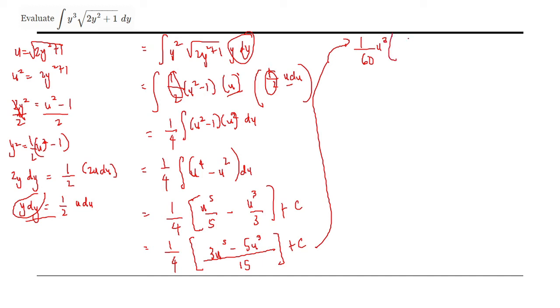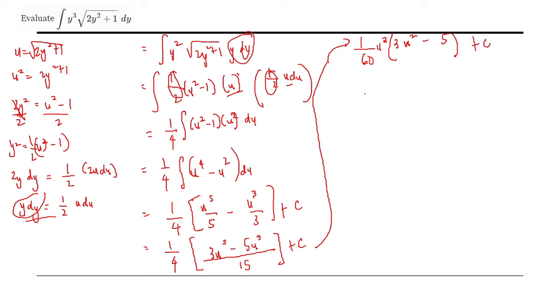So what's left is 3u squared minus 5 plus c. So 1 over 60 times u to the 5 minus 5u cubed. Okay, so this is correct.